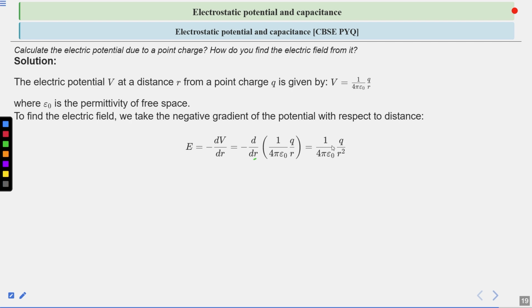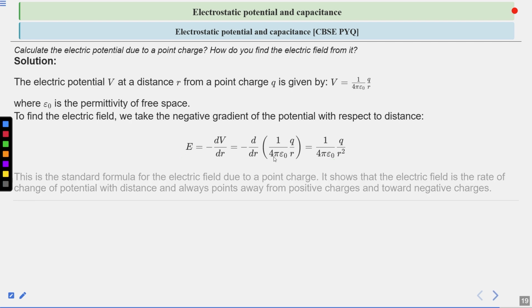It becomes Q by 4 pi epsilon naught R square. So this is the electric field, which is the negative gradient of the potential with respect to distance. This is the standard formula for the electric field due to a point charge.